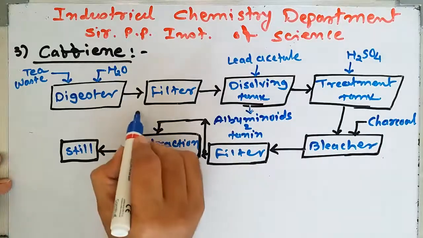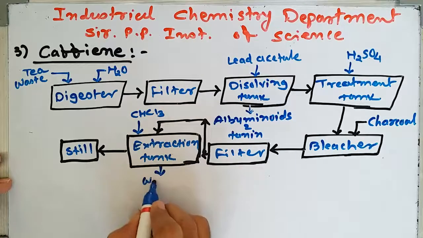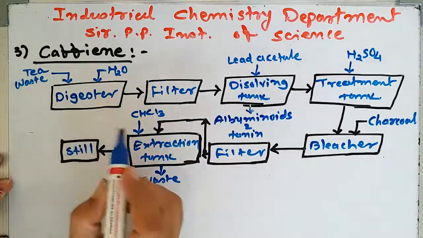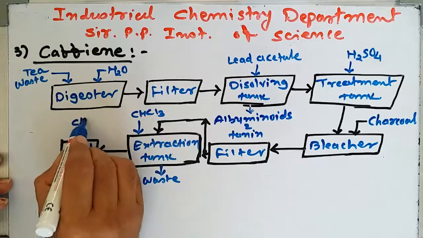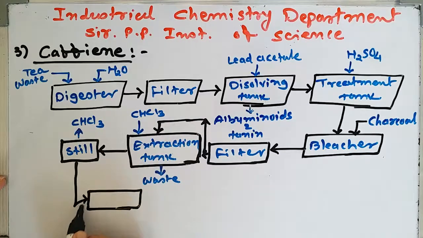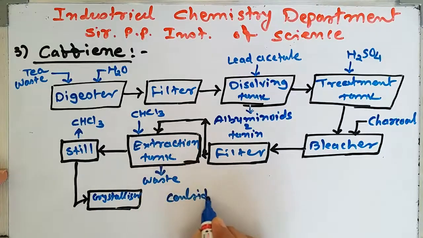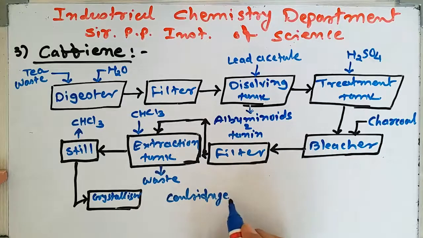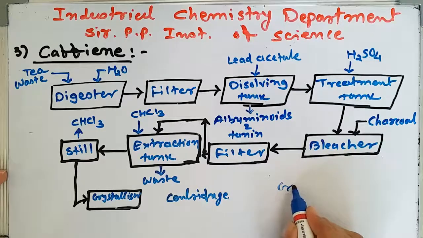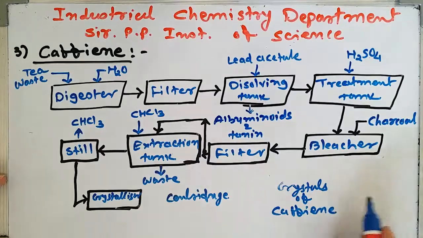Here chloroform, CHCl3, is added and the waste material is removed. Then it is taken into the distillation tank where chloroform is distilled out, and then it goes into the crystallizer, then the centrifuge, and we get crystals of caffeine.